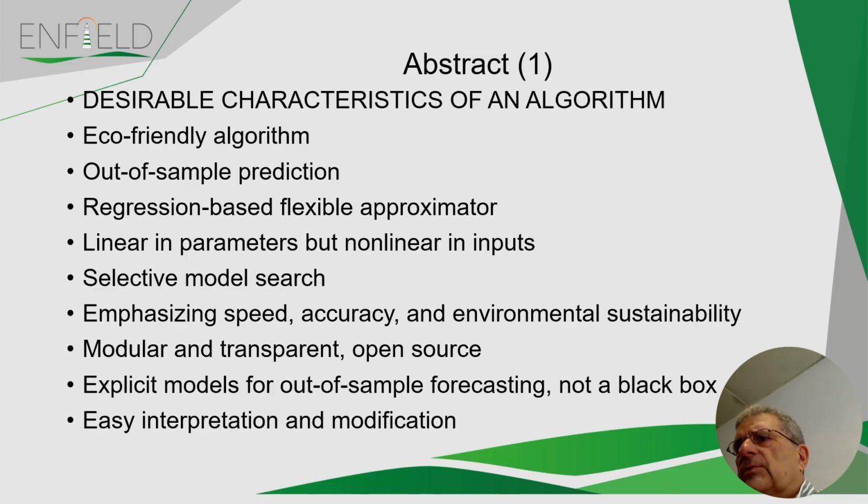We want it to be linear in the parameters, but not necessarily linear in the inputs. We actually want non-linearities in the inputs to be able to capture non-linearities in the processes that we want to model.